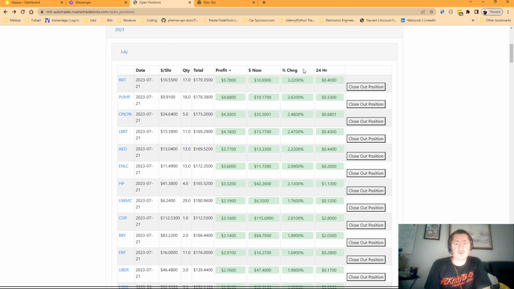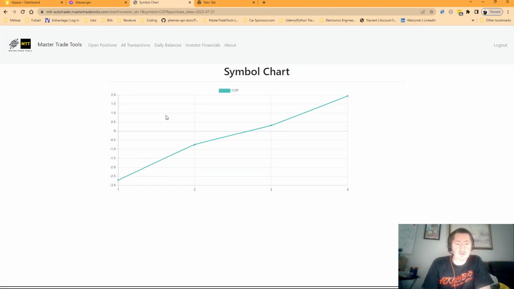You can also sort it by the percentage of change or the profit percentage. And you can sort it to see what stock has moved the most within the last 24 hours. In this case, it looks like it's COP, and as you can see, it has been on a steady incline. So that's good. That will probably close out tomorrow.